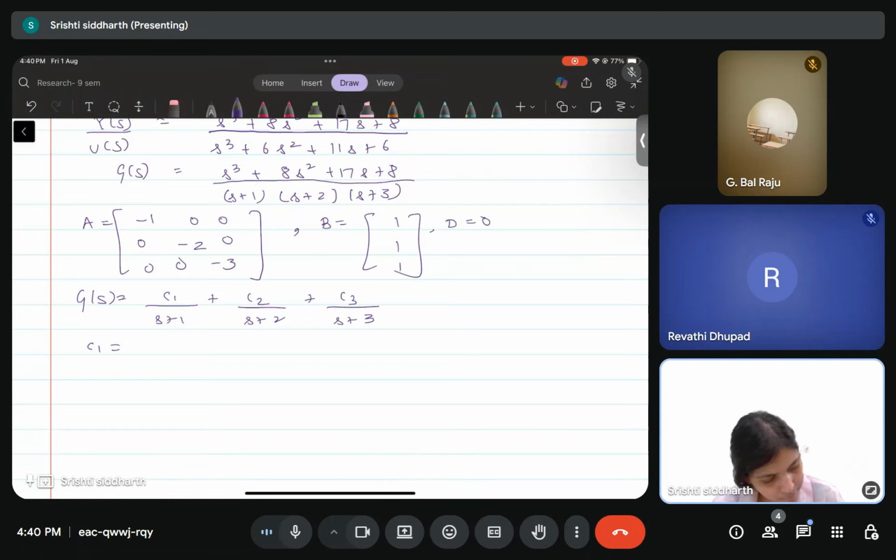So in C1, it's s cubed plus 8s squared plus 17s plus 8 over (s plus 2)(s plus 3).